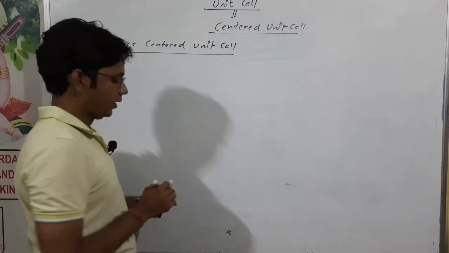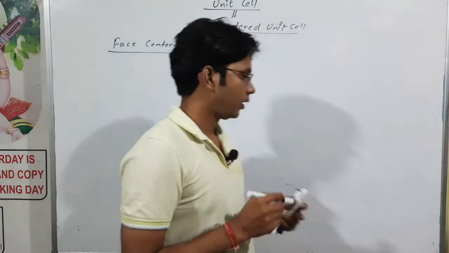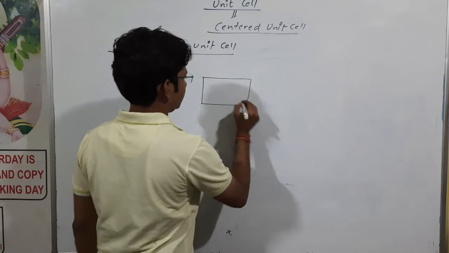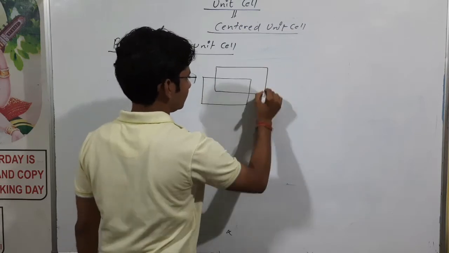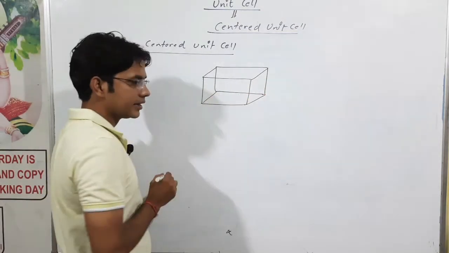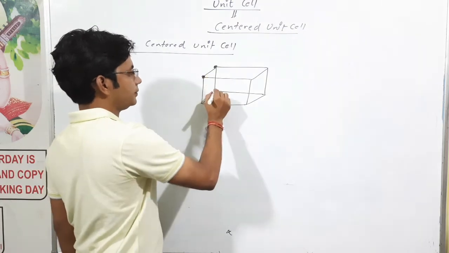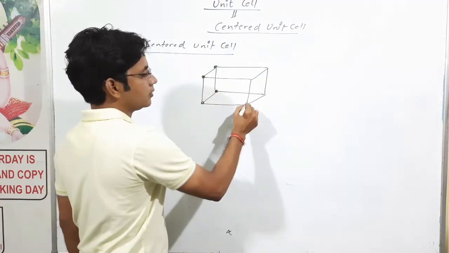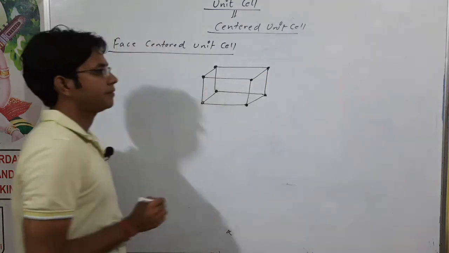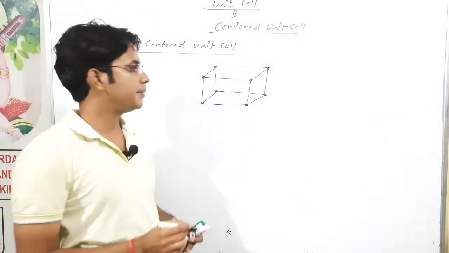In the face centered unit cell, I told you that if this is our unit cell and atoms are present only at the corner, then it is called the primitive unit cell.